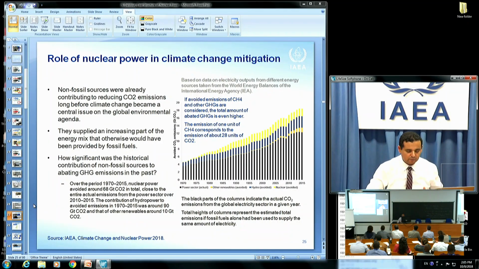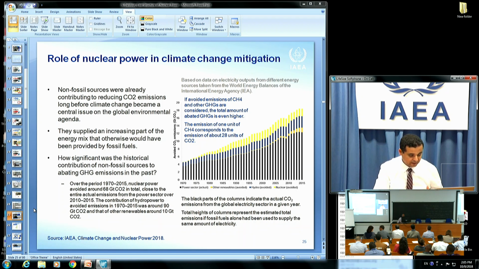So nuclear power, along with other renewable sources of energy, has been contributing to reducing CO2 emissions and to mitigating climate change in the past. And that role is likely to continue in the future. But this basically depends on the scenario.